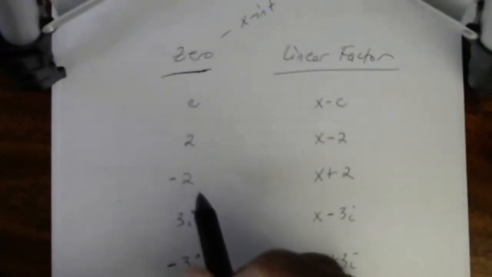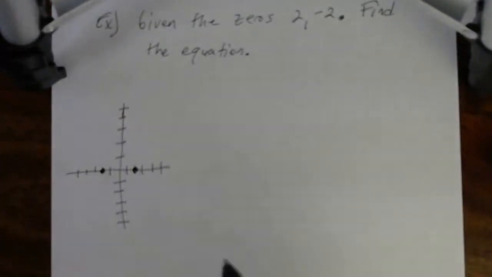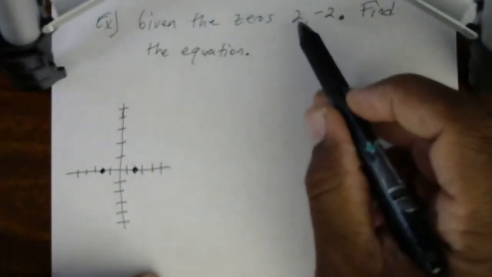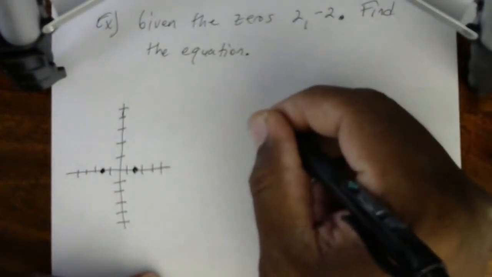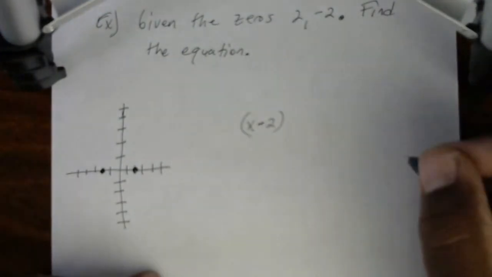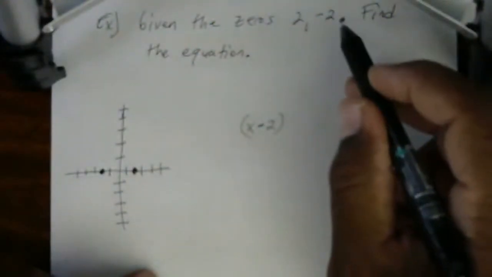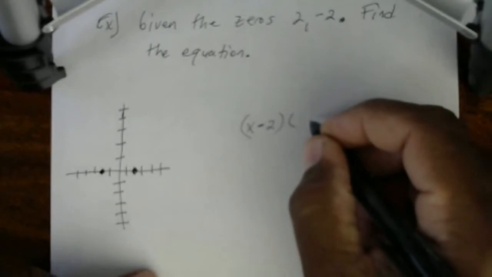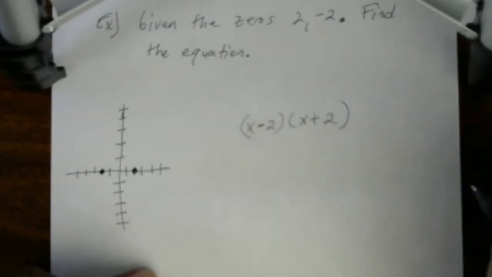So, for example, I've written out 2 and -2 as linear factors. 2 as a linear factor is x minus 2. -2 as a linear factor is x plus 2.